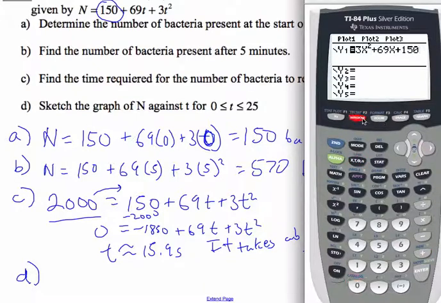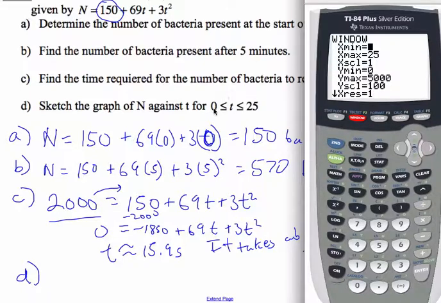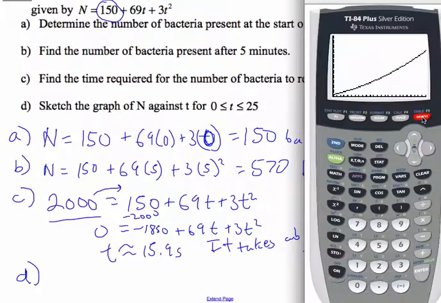And then my window tells you to go from t from 0 to 25, so I've put my x values to go like that. And the y values, I've already seen the y value gets up to like 2,000 after 16 seconds, so I'm going to go to 5,000 and see if that works. So I'm going to graph it, and it kind of looks like that there. Actually, yeah, that's good.